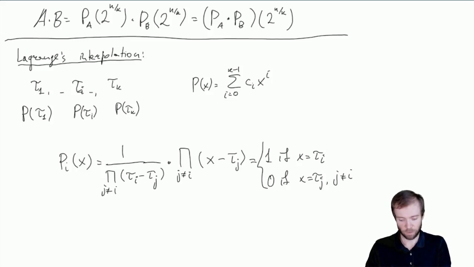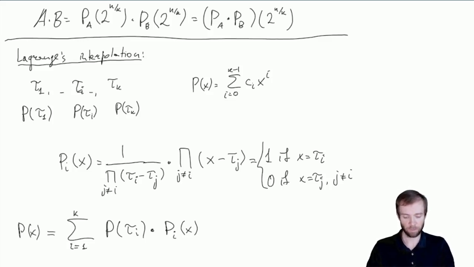So now we can just take a sum of these polynomials with appropriate constants. p of each tau i is a known constant. We multiply this constant by a polynomial p_i of x, and we sum it up for all i's from 1 to k, and thus we get an expression for p of x.